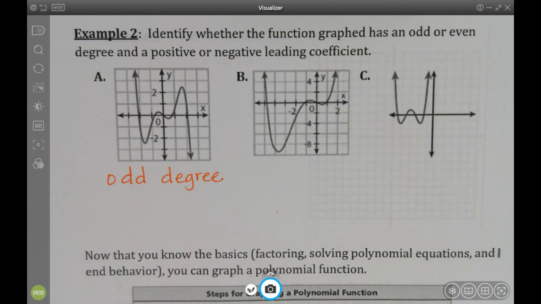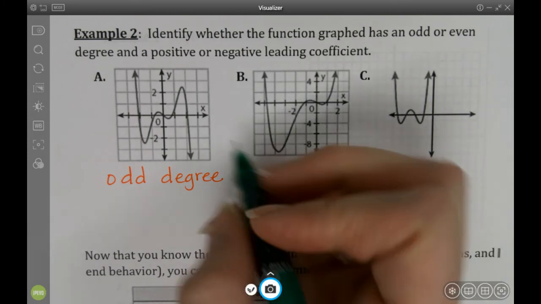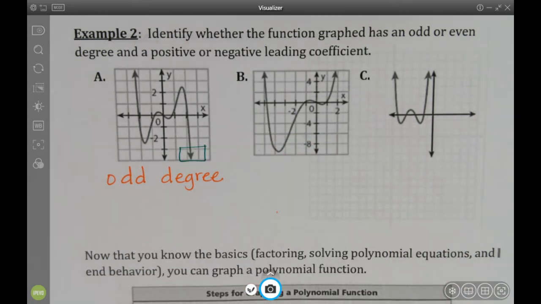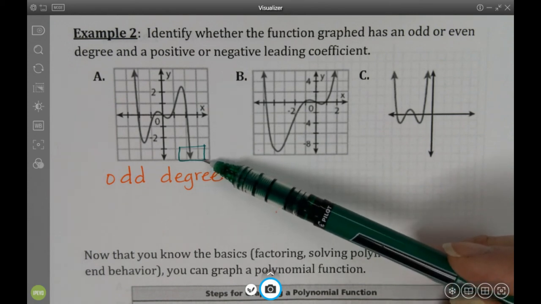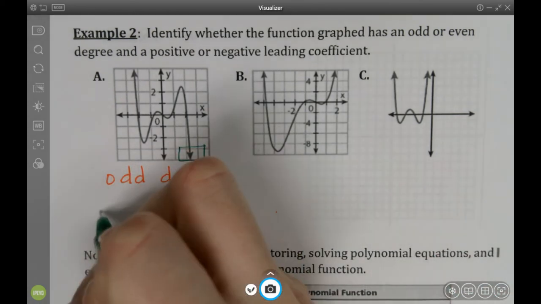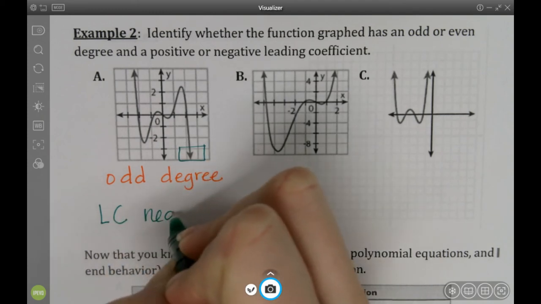Okay, well, my leading coefficient, I need to decide if it's positive or negative. So really, to do that, I only have to look at the right side. Whichever direction that arrow on the right is pointing tells you if it's going to be positive or negative. So am I pointing in the positive or in the negative direction? So my leading coefficient is negative.